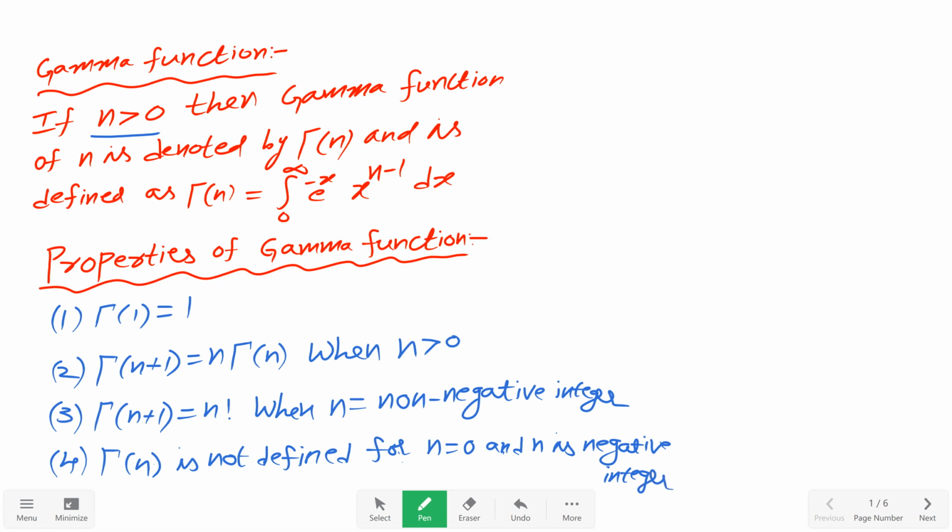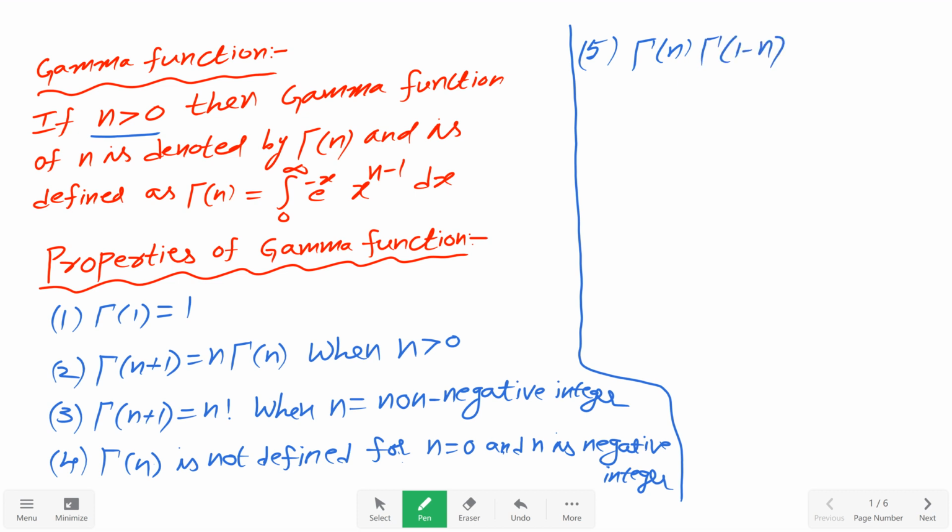Next one is the fifth property. The fifth property of the gamma function is gamma of n into gamma of 1 minus n is equal to pi by sin n pi.